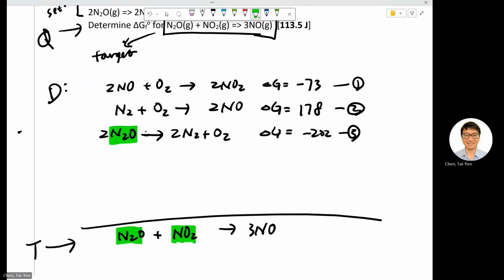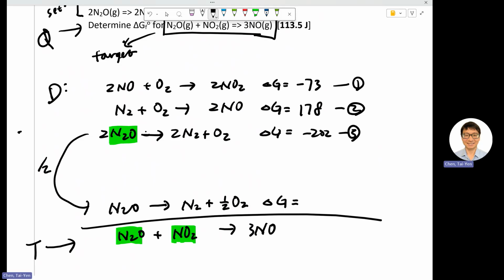So you cannot just use it before adding up. What you do is first divide the whole equation by 2. Therefore, I have N2O becoming N2 plus 1/2 of O2.